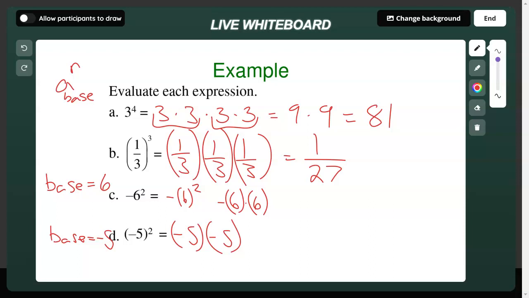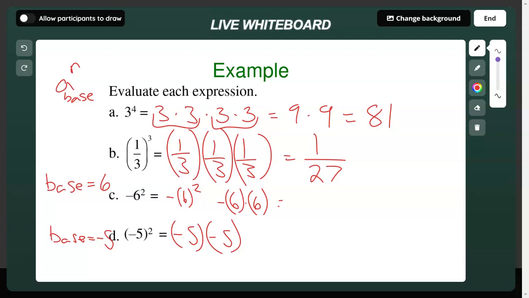It's going to show up a lot. Pretty much all through the year. You're going to see that annotation, and it's never going away. So make sure early on you recognize the difference between -6 squared versus the quantity of -5 squared.